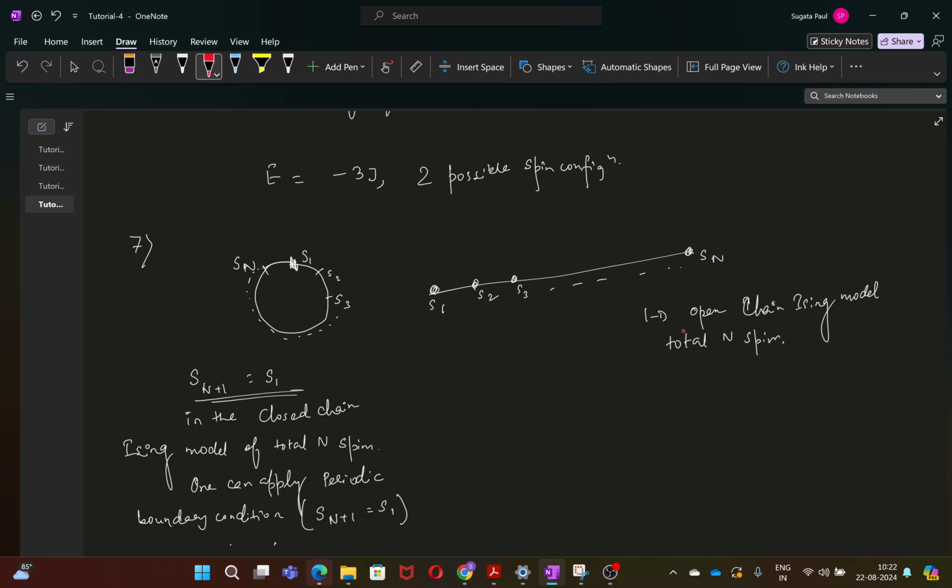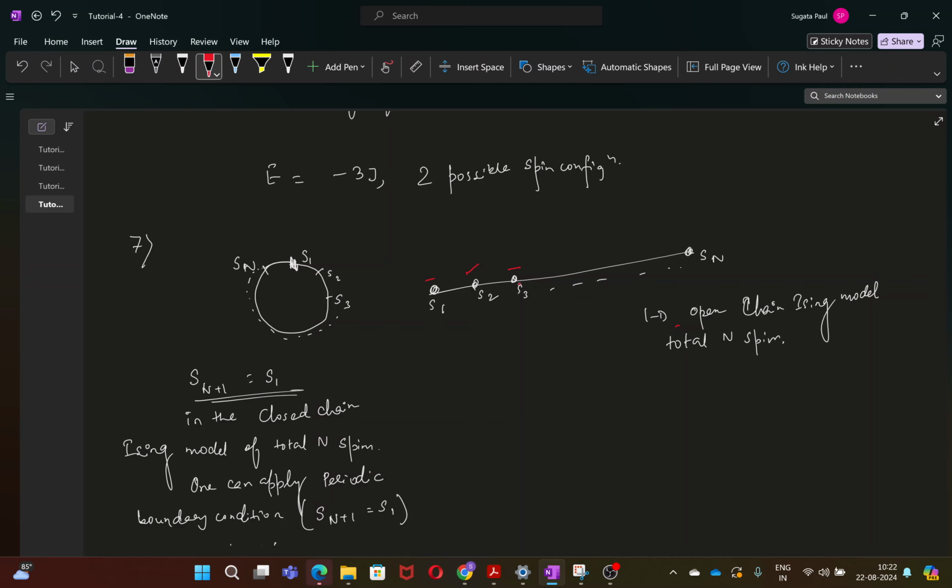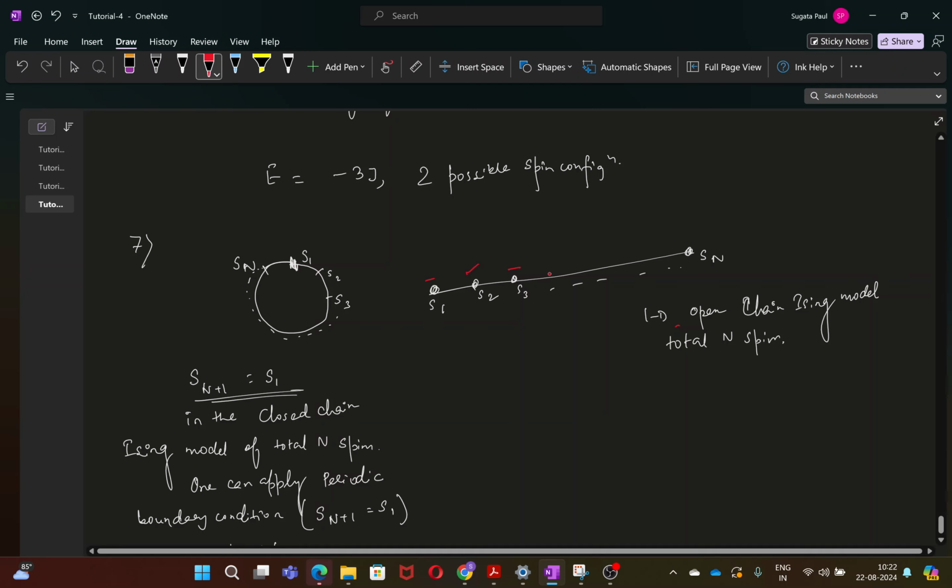For example, for S2, you have on the left one spin S1 and on the right another spin S3. That means S2 has two nearest neighbor spins on both sides of it. Similarly for S3, there is S4 also present, which I had not written down earlier, but it is present, as meant by the dotted sign. So S3 has S2 on the left and S4 on the right.